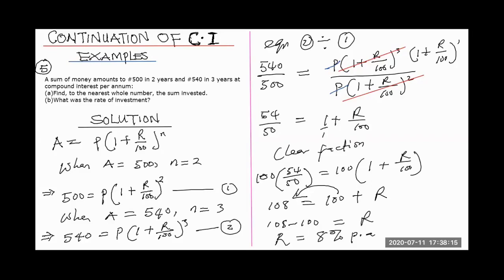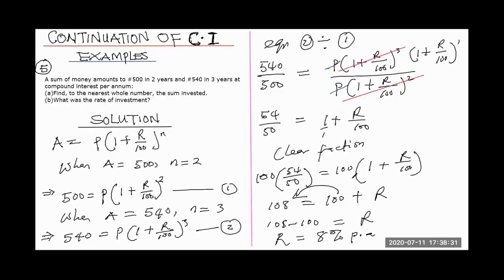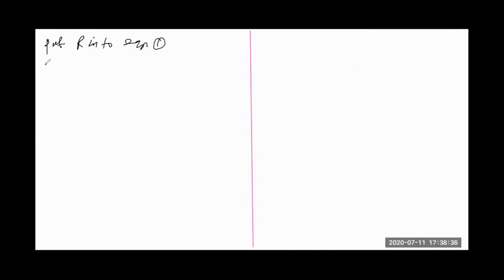We can now go and put it in any of the equations. So we put our r into equation 1. And what is equation 1? If we refer back, equation 1 says 500 equals p into 1 plus r over 100 all square.